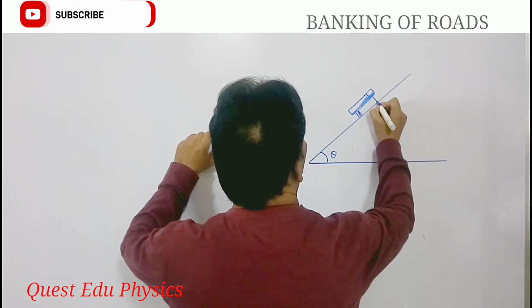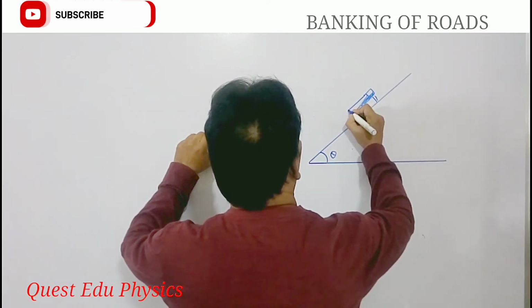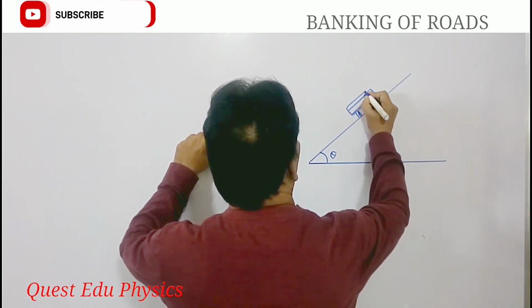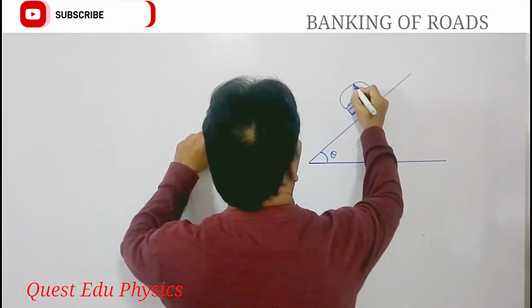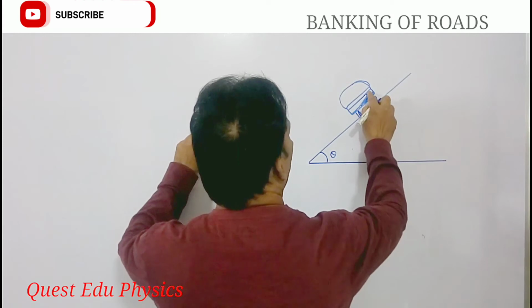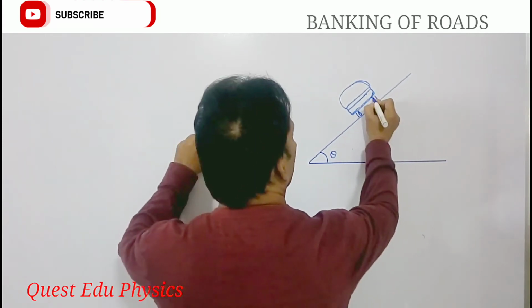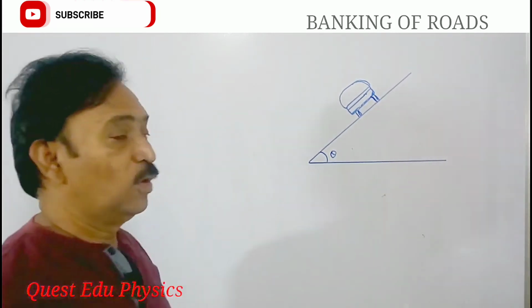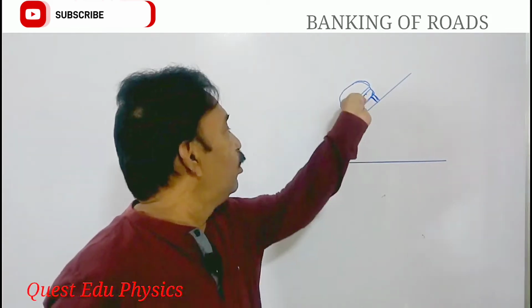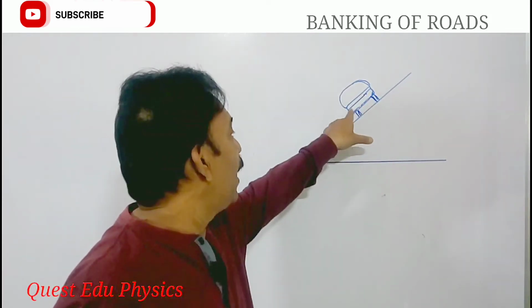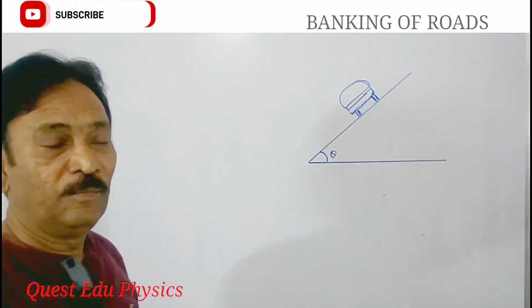These are the tires of the vehicle. I am showing the back part of the vehicle. Okay students, the vehicle is moving in this way, into the plane. It is the back part of the vehicle.